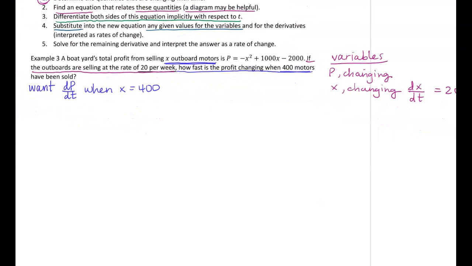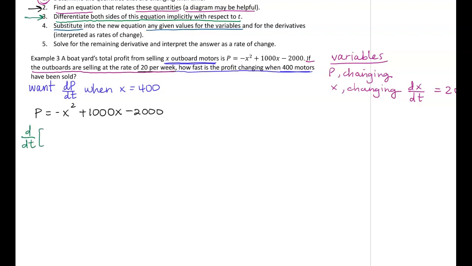Okay, so we're going to come into the equation that we were given. We don't really have to do step 2 in this problem because we were explicitly given the formula for the profit. It's not like the first one where we had to write the area of a circle. Now let's differentiate both sides of this equation implicitly with respect to t.